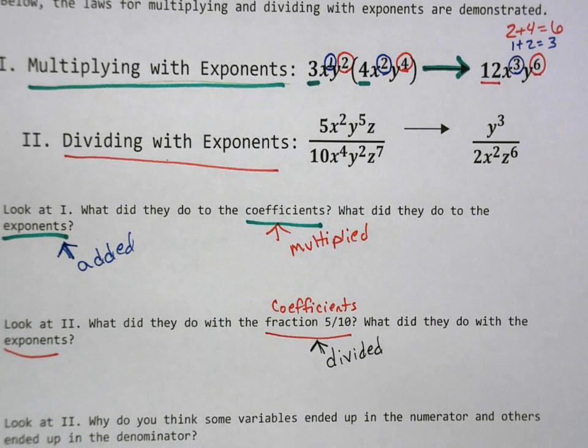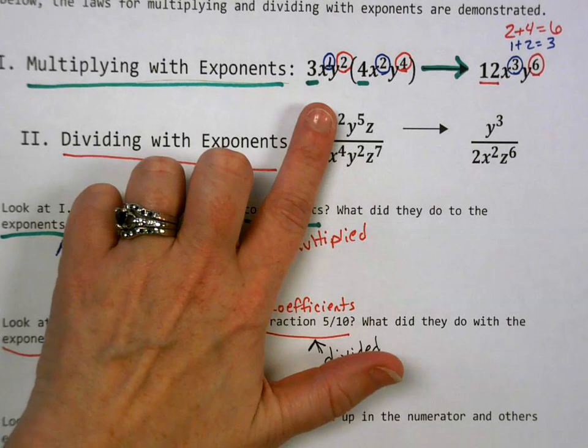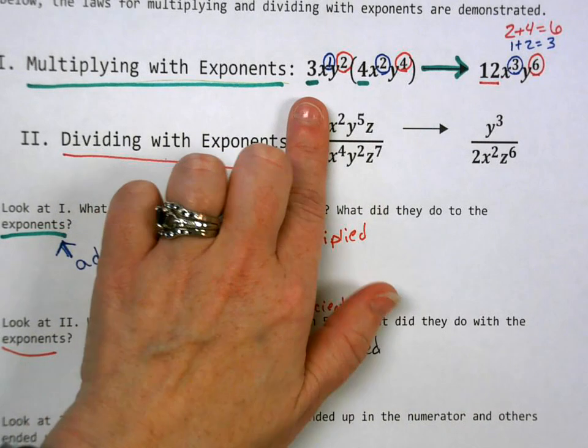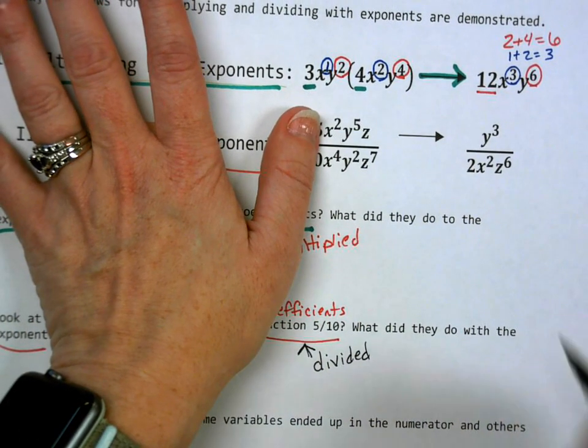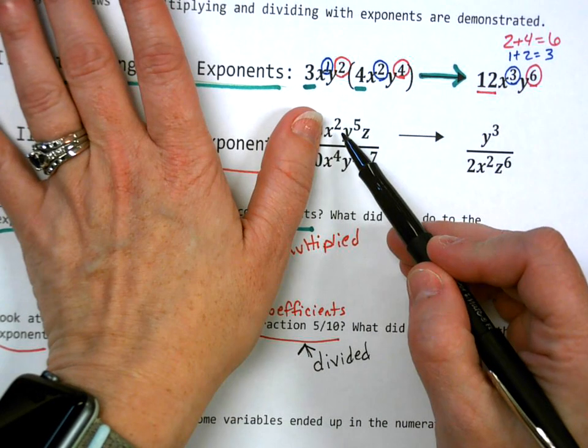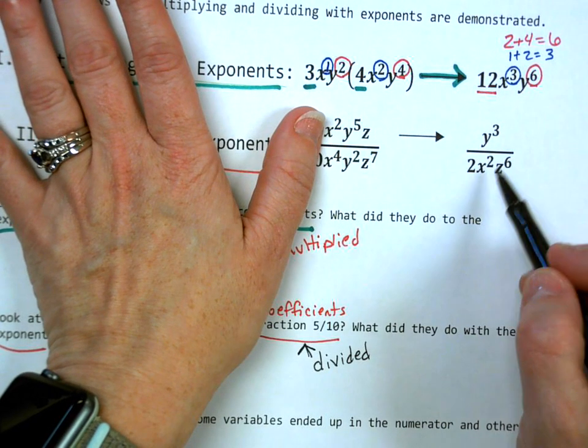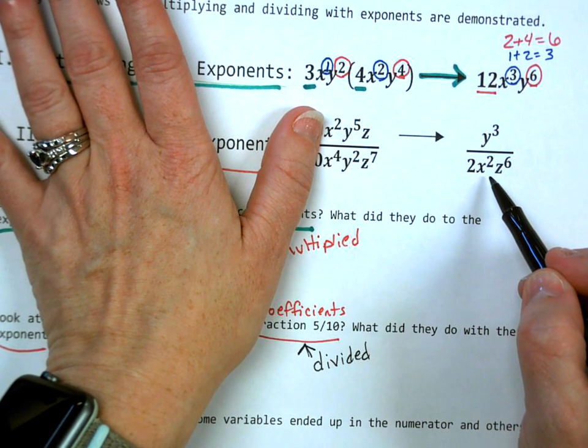So we already said that the coefficients were divided. We're trying to figure out what happened with the exponents now. So if you look here, we've got an x to the 2 and an x to the 4. What are we left with over here? X2.